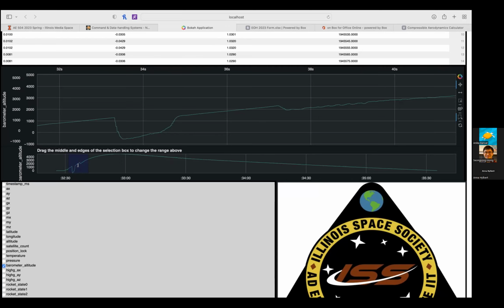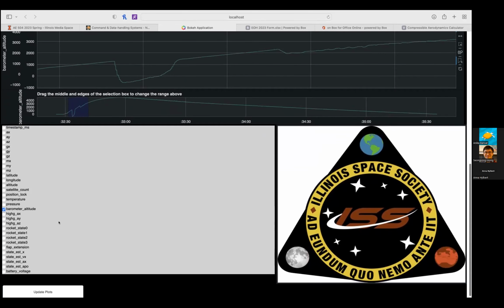Another plot to see with this would have been the velocity. I don't know if velocity is one of the options on the checkboxes. State estimation. Oh yeah, state estimation.